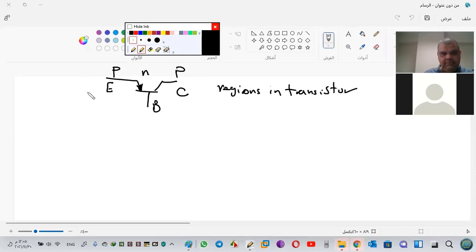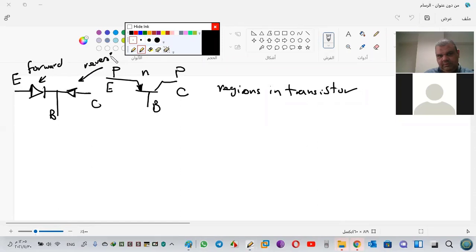Keep in your mind this model: diode, opposite diode, E, B, C, forward. This is reverse, and this is the emitter junction, collector junction.